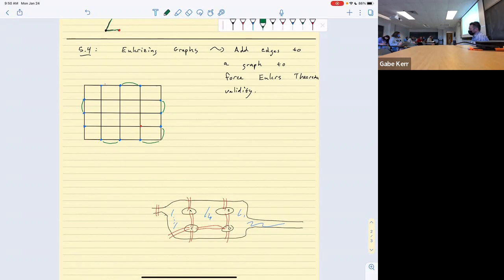When I do that, I have to be a little worried at first, because yes, I'm fixing this problem vertex and this problem vertex, but I'm also adding some edges to this vertex. But I added 2, so it was even before and it's still even. Now it has degree 4. Is it clear? So I do that there, and I do that here.